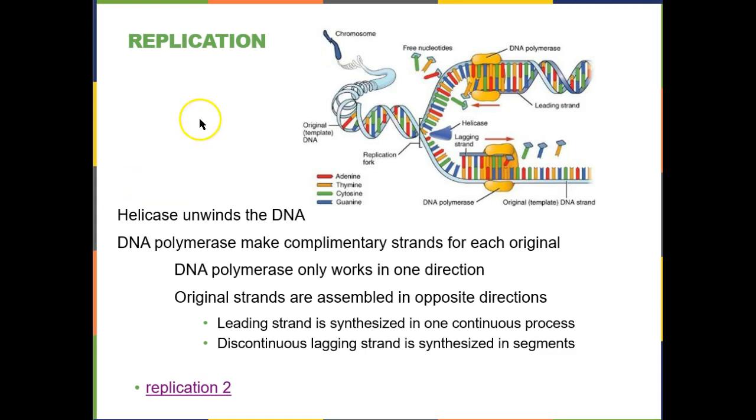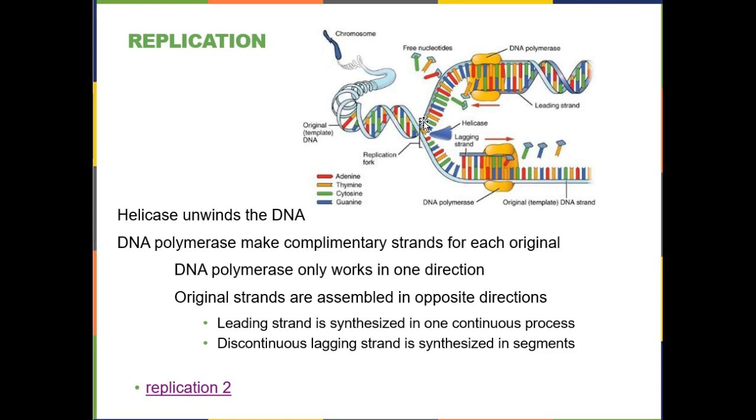So first up, replication. What we're talking about is using DNA to make more DNA. So here you've got one chromosome, you're going to pull it apart, replicate it, and end up with two chromosomes. So the first thing you want to know is that there's an enzyme that operates right there called helicase that unwinds the DNA.